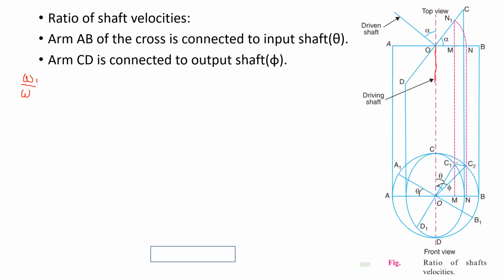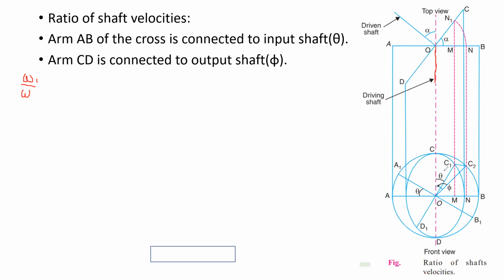Okay, it will appear on an ellipse like here. So here you will locate the points C1 and D1. It is the new position of arm CD which is visible to you in front view.